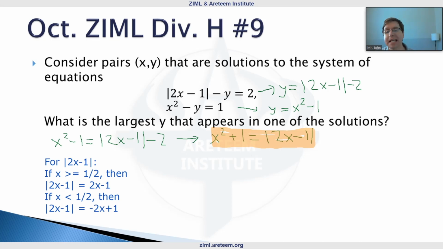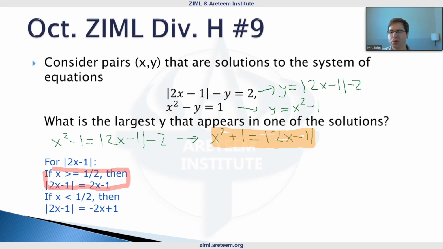Notice that's the same as plugging in 0 to negative 2x plus 1. So that's exactly what we're doing here. This gives us two cases to deal with, two separate equations that we can solve.